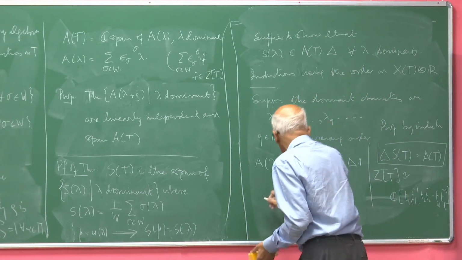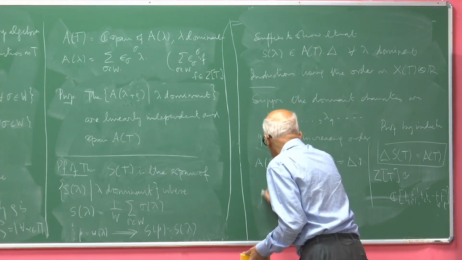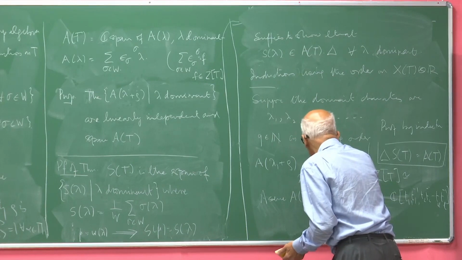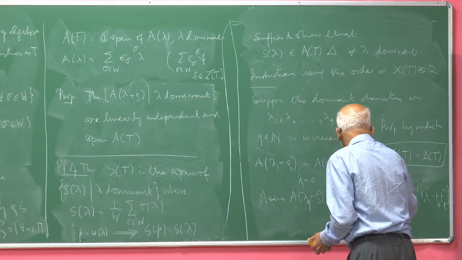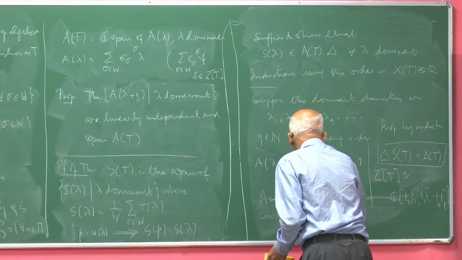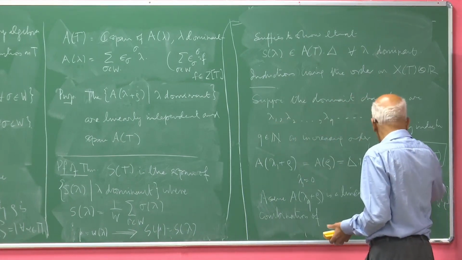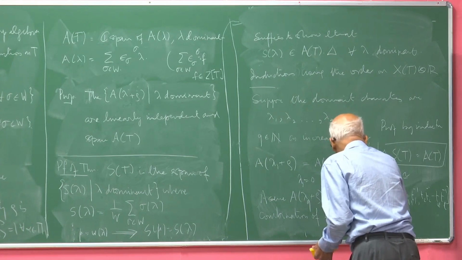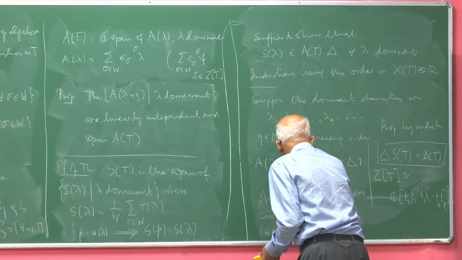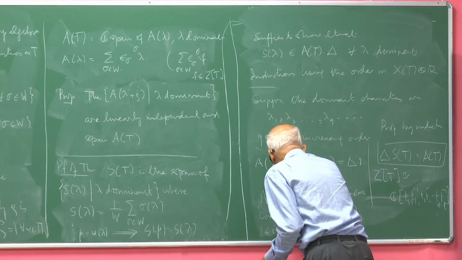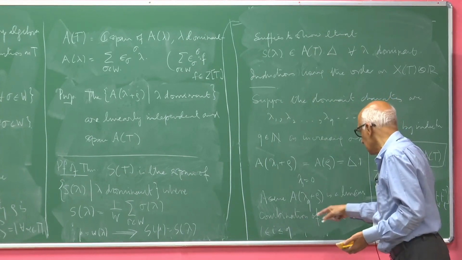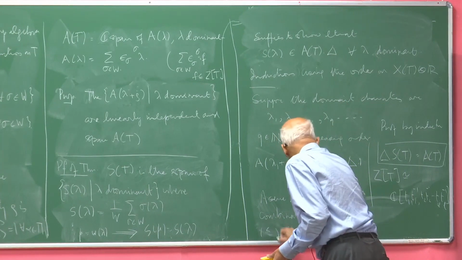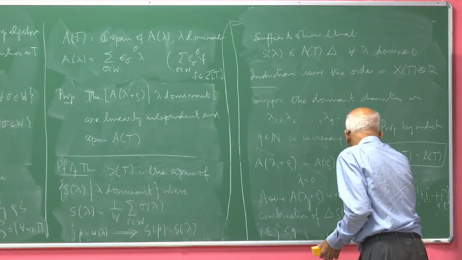Suppose I have done it up to that. Assume a lambda q plus rho is a linear combination of delta times S of lambda I, for 1 less than or equal to I less than or equal to q.